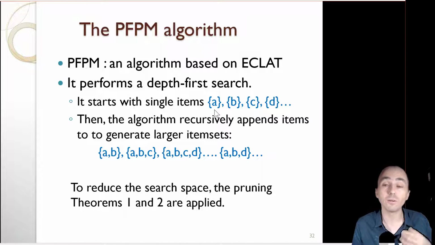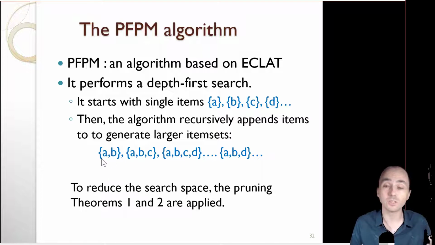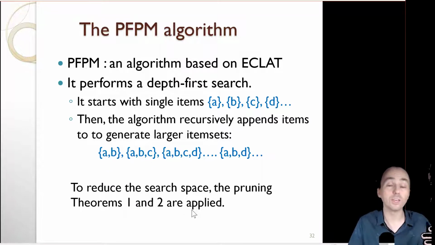It will start by finding the single items like A, B, C, and D. And then it will combine them to have two items like AB, ABC, and so on. And then, to eliminate combinations, we will use theorems 1 and 2. So if for AB the average periodicity is too big, then we don't need to look at the supersets of AB and so on. Then we can eliminate the search.